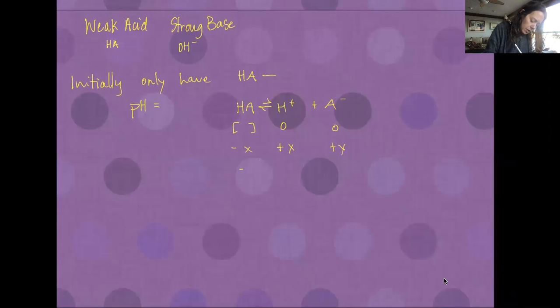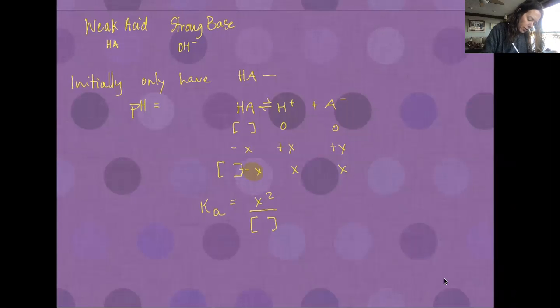We would then down here have whatever that concentration was, minus X, X, X. We would assume this term to be negligible. And we see that Ka would equal X squared over the concentration.